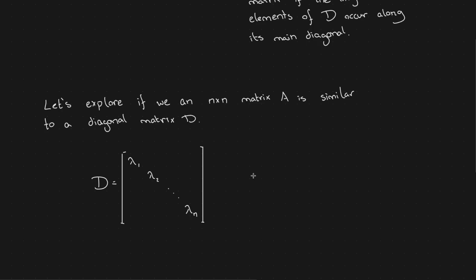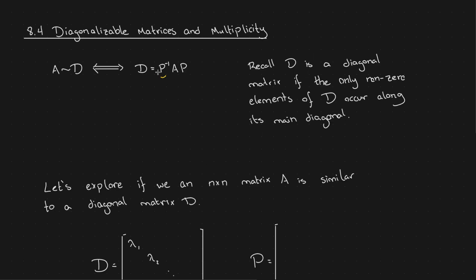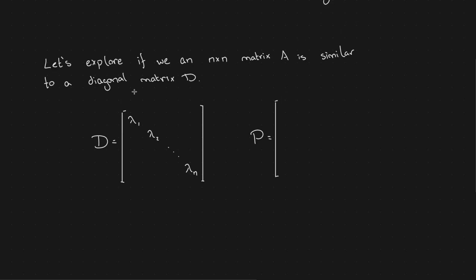I'm also going to define the columns of matrix P. P being the invertible matrix that we multiply A by to get our diagonal matrix D, hopefully, right?